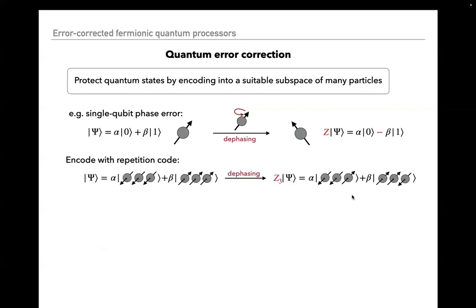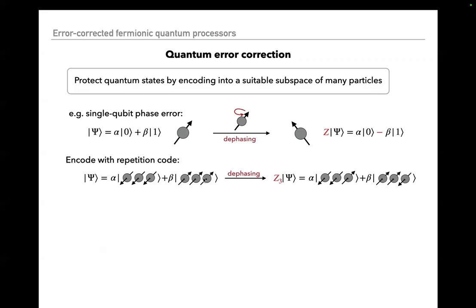So instead, you could encode your state. Perhaps the simplest example is a repetition code. Here, you take three of these atoms and let them point into the x direction of the Bloch sphere, so each of them is a superposition 0 plus 1, and you take the corresponding three atoms pointing in the minus direction.